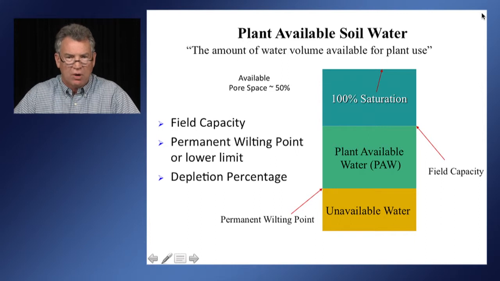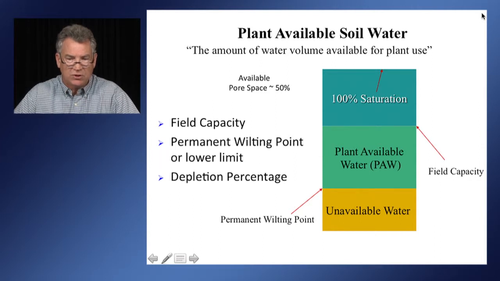If we have a crop on that same field after drainage, the crop begins to remove soil water. It comes to a point where the crop can no longer extract water from the soil, and the remaining water is unavailable to the plant. We call this level the permanent wilting point, sometimes also referred to as the lower limit of soil moisture.